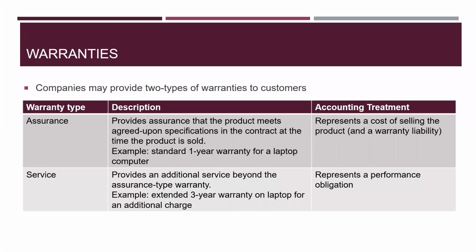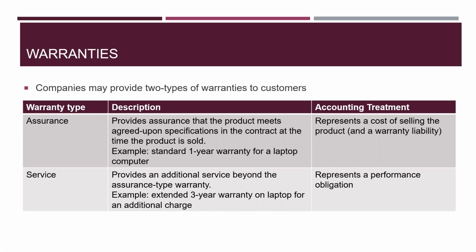And then comes our warranties. So with regards to our warranties, there are two types of warranties that can be provided. There is an assurance type of warranty and the service type. The assurance type is where the product comes with the warranty, such as your standard 1 year warranty that comes with your laptop computer.